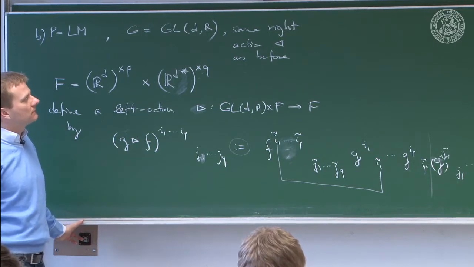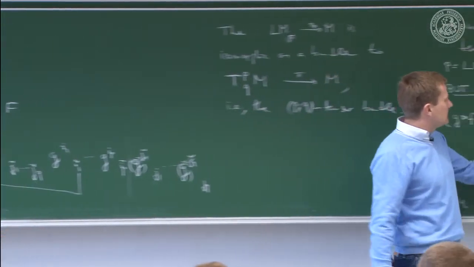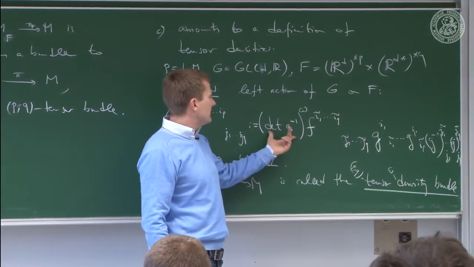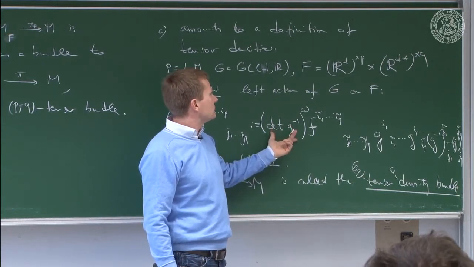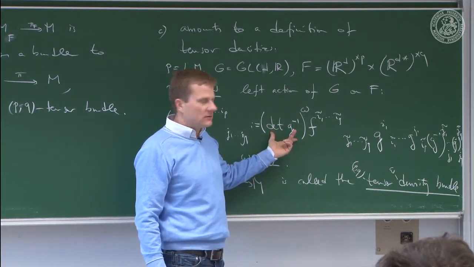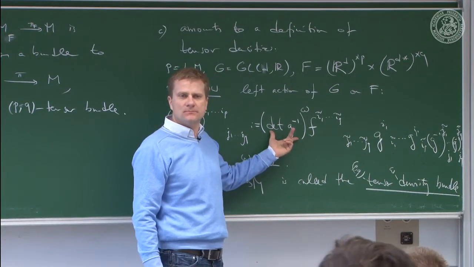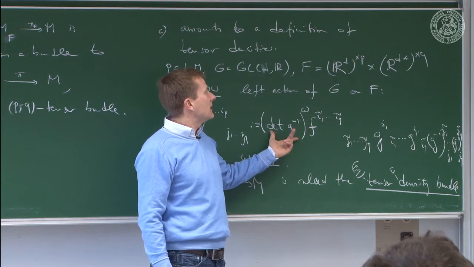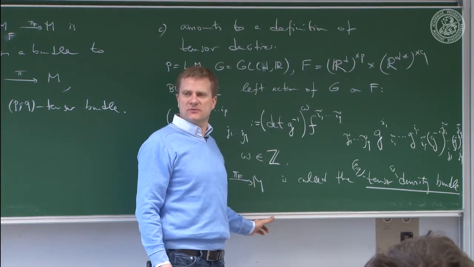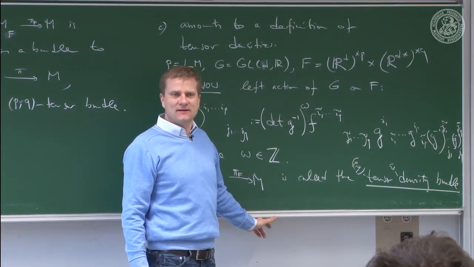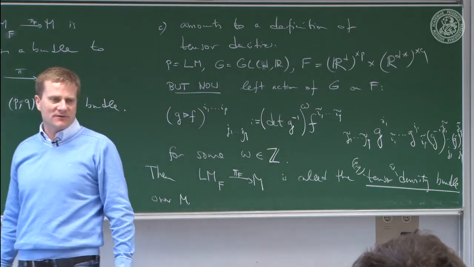Okay? Good. And you see the point about densities is that the determinant of G inverse isn't necessarily 1. Unless you restrict the group to a group where this is already given, that the determinant is 1. For instance, if you choose as the group not the general linear group, but you use the orthogonal transformations with respect to some metric, they have determinant 1, and then you don't see the tensor property.